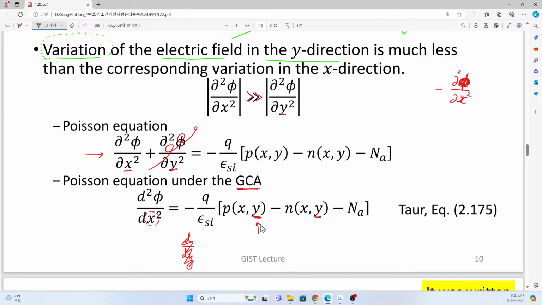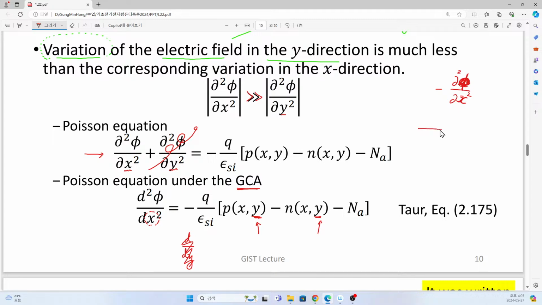So y can be regarded as just a given number, and only x can be regarded as the independent variable. And we were already able to get certain information for that one-dimensional system. So we will try to utilize that information as much as possible, even for this two-dimensional structure.